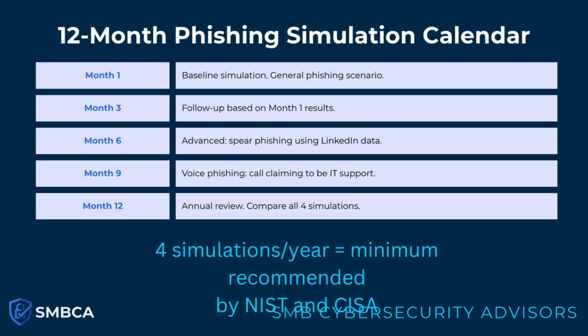Month 9, voice phishing scenario, a call claiming to be from IT support. Month 12, annual review. Compare all 4 simulations, measure improvement, plan for next year. Running 4 simulations per year is the minimum recommended by security frameworks, including NIST and CISA.